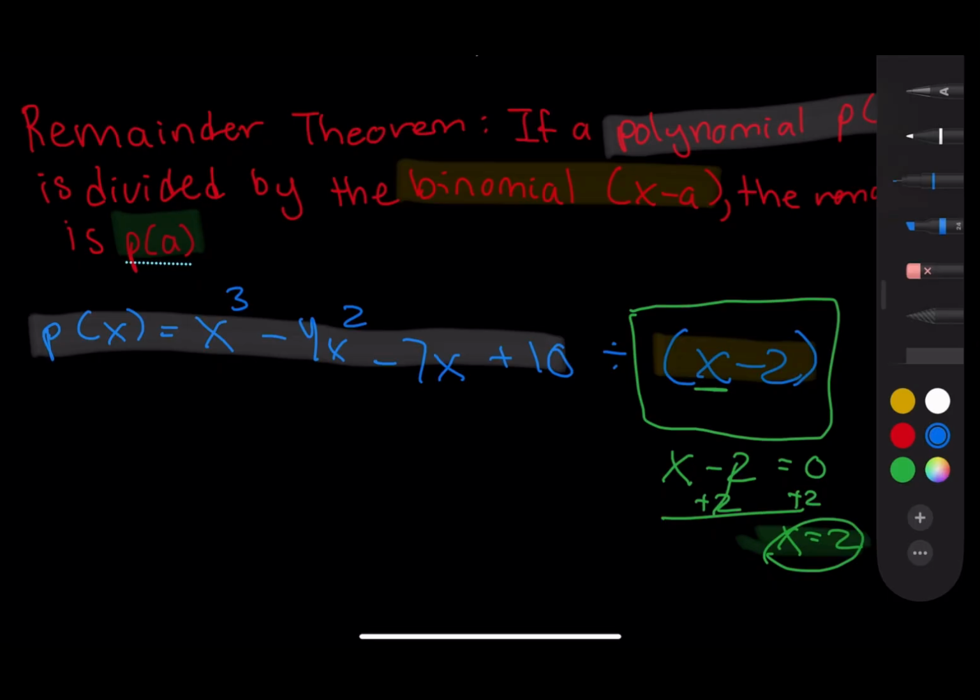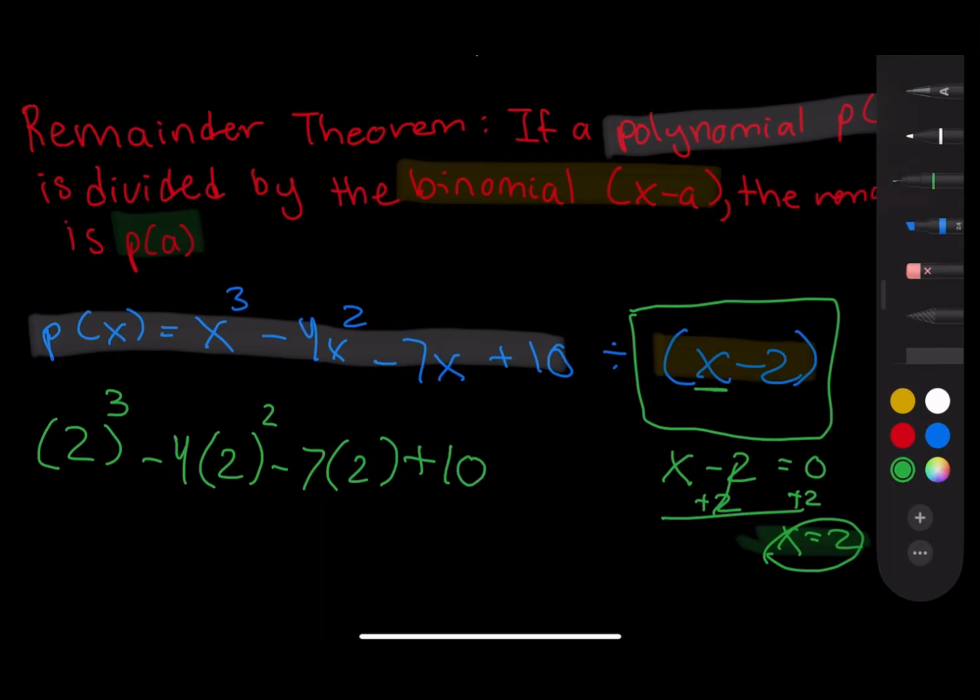So it's going to be 2 cubed minus 4 times 2 squared minus 7 times 2 plus 10. What I did is I just inputted this value, p of a, into our polynomial. And when you put it in your calculator, you're going to get this.